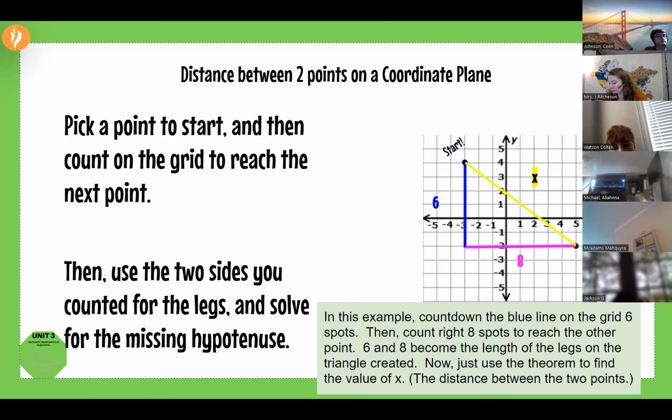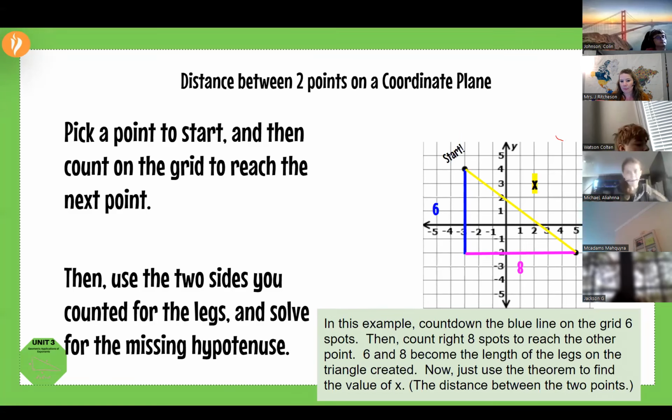Now, they decided they were going to make the right triangle go, let me get my pen going here. They said, all right, we're going to make our right triangle right there, this way and over here, but we could have also done it going straight across to the right and down, okay? Just pretend that's a straight line.